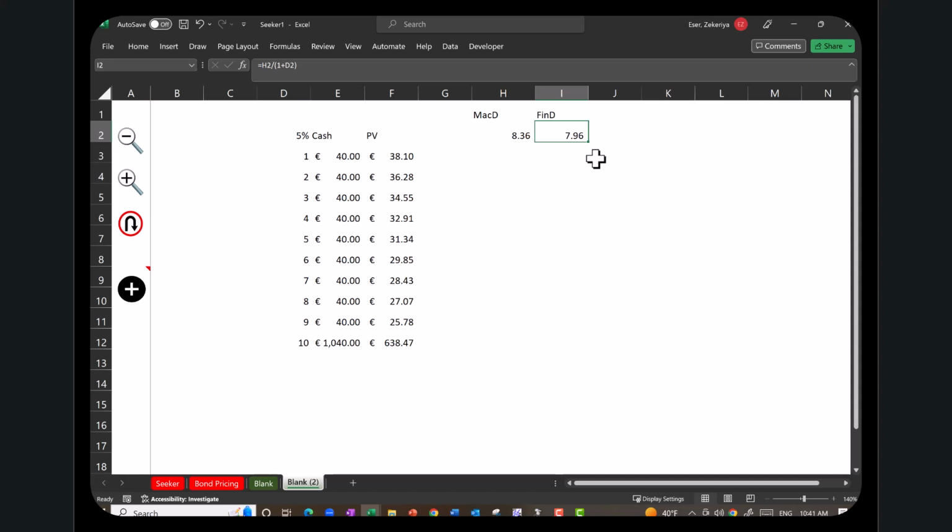So on a $10,000 investment, you will lose $796. That's what financial duration is. And that number is not constant. If this was a 9% one, that's going to change. Why? I'm discounting at a higher rate, so I'm waiting less to get my money back.